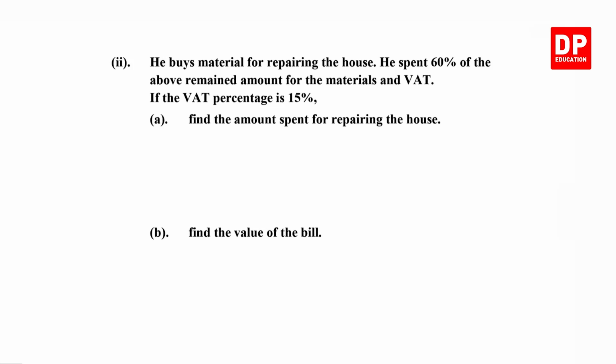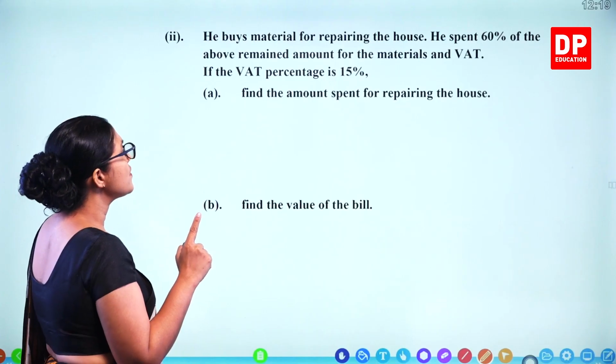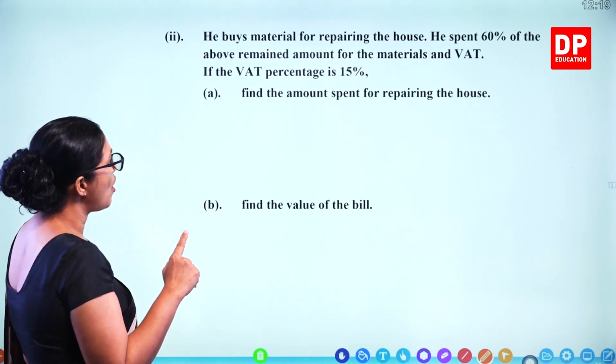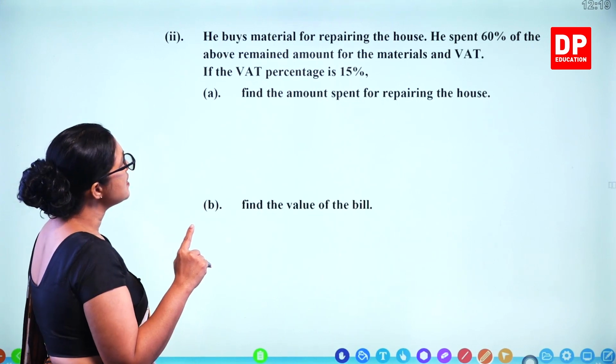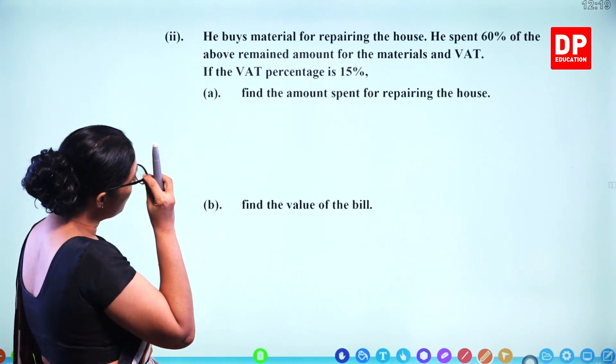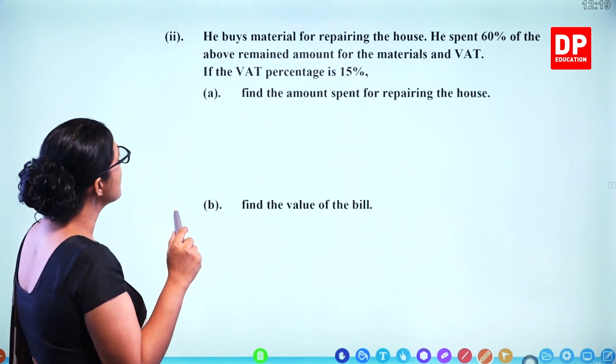Part 2. He buys material for repairing the house. He spent 60% of the above remaining amount for the materials and VAT. If the VAT percentage is 15%, find the amount spent for repairing the house.